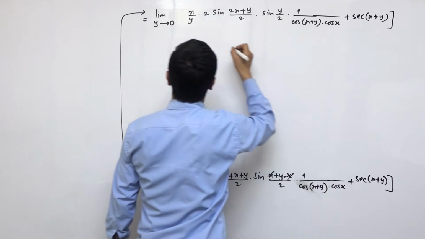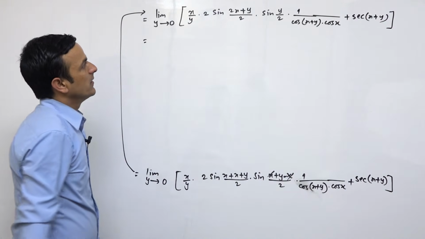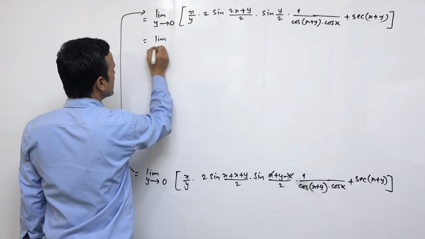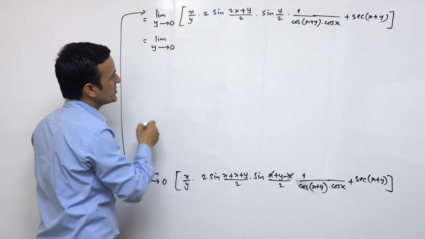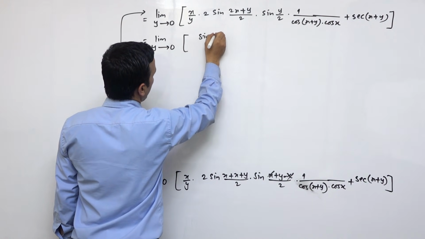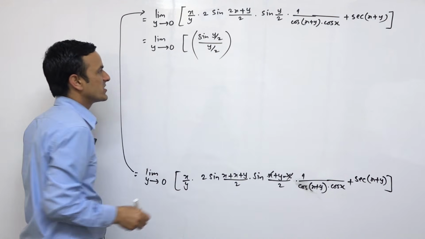So this is the term. And now we can arrange the term like this. Now here limit y tends to 0. Now sin(y/2) divided by y/2. So this will be 1.